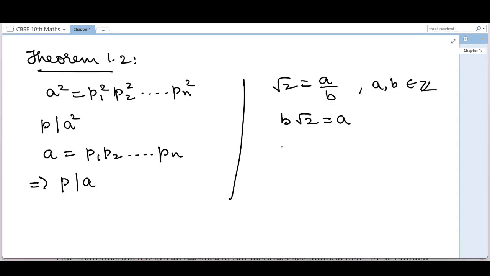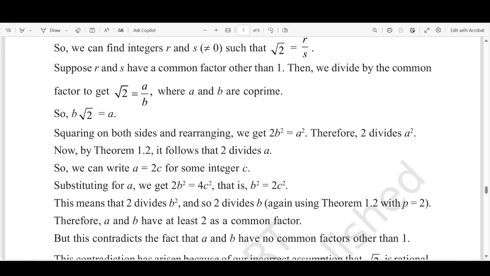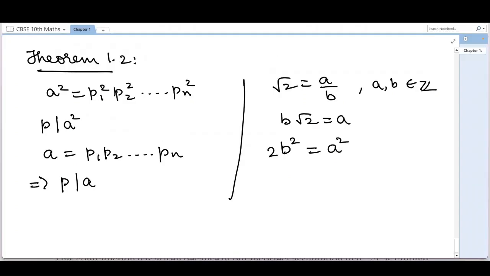Now we can square on both sides so that we will be resulted with 2b square equal to a square, right? And now a square is written as 2 into b square, which means a square is written as the product of 2.